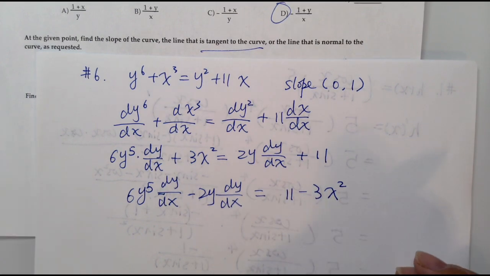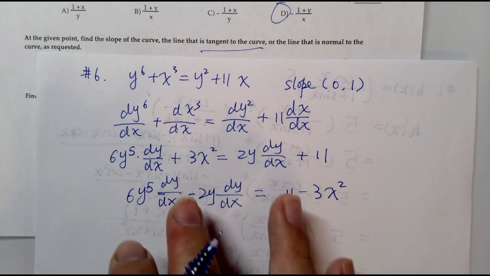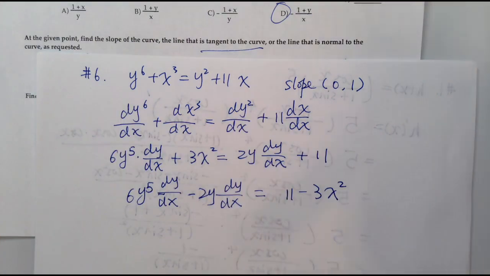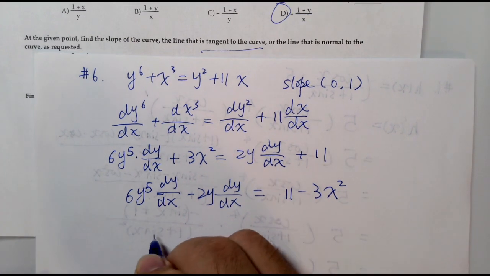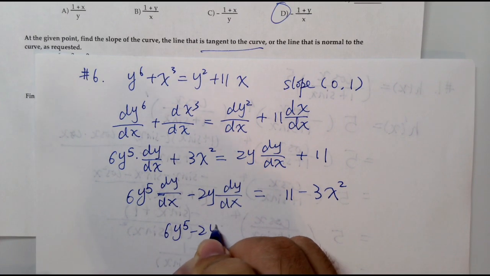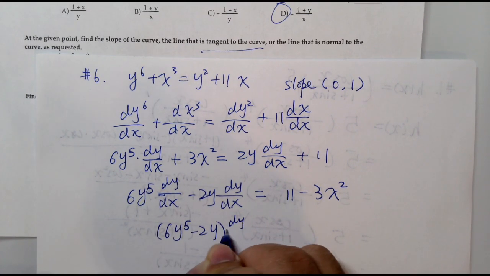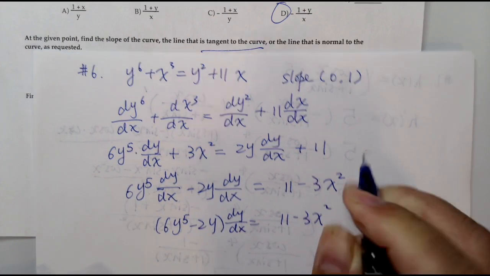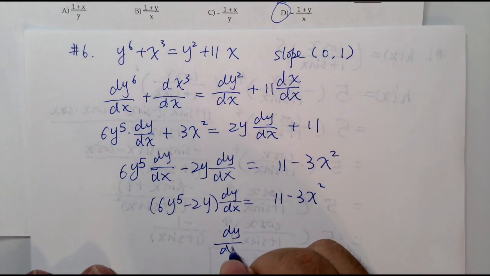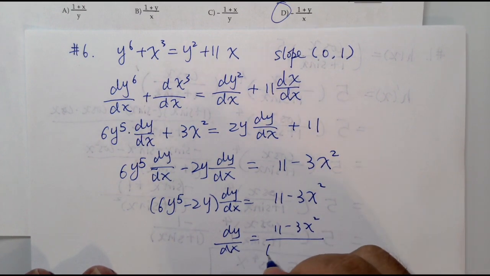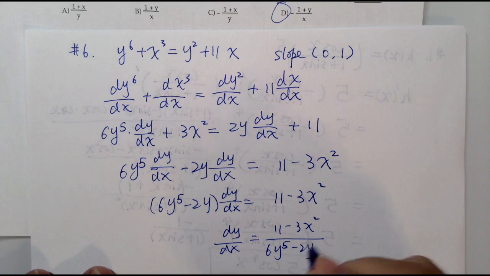Okay. So I just group all the terms with dy/dx to the left and all the rest to the right hand side. So now factor this dy/dx out. So we have (6y^5 minus 2y) dy/dx equals 11 minus 3x squared. So dy/dx equals (11 minus 3x squared) over (6y^5 minus 2y).